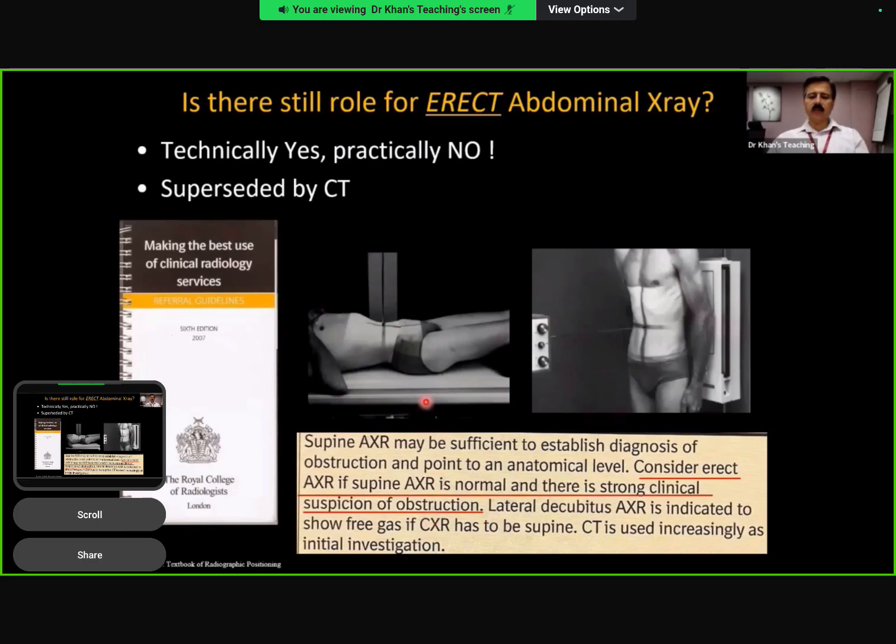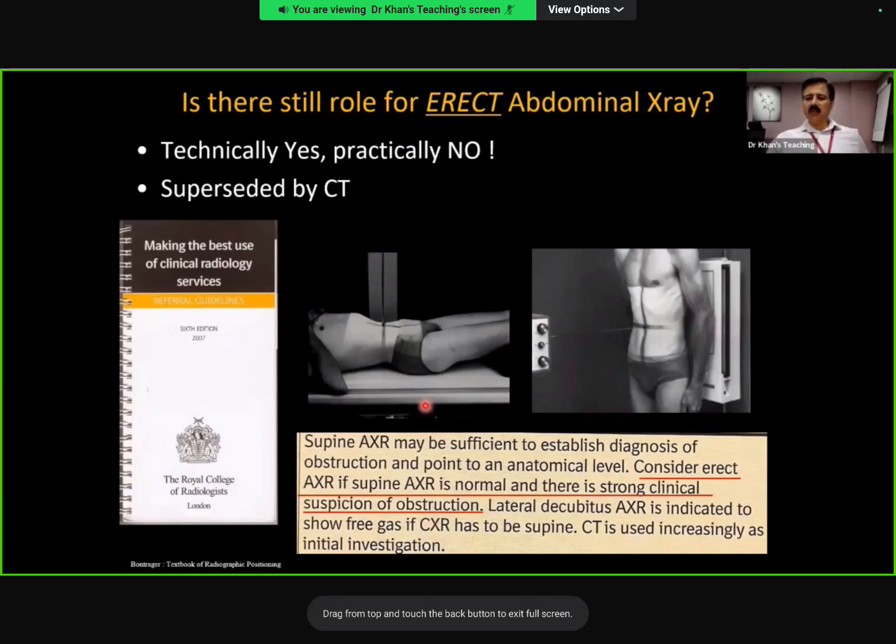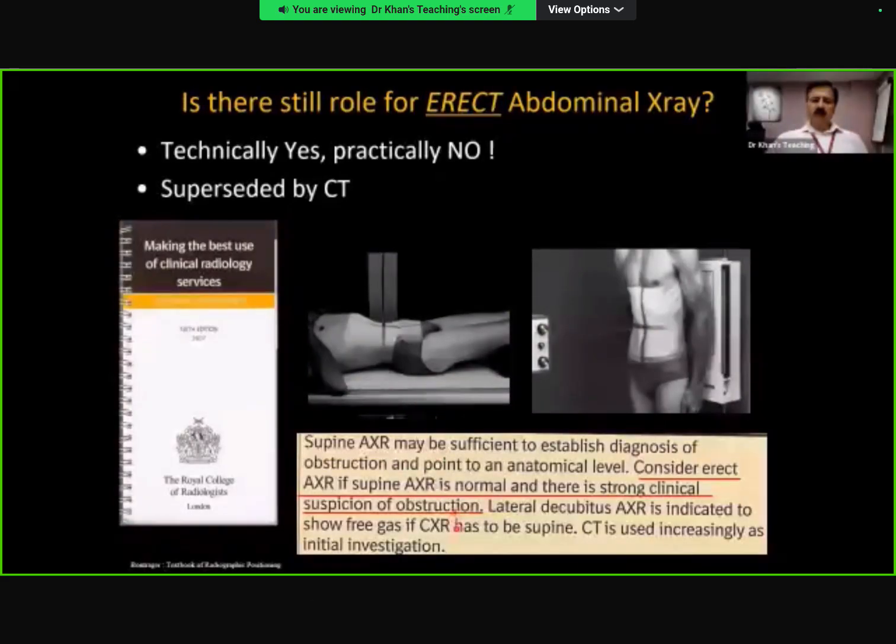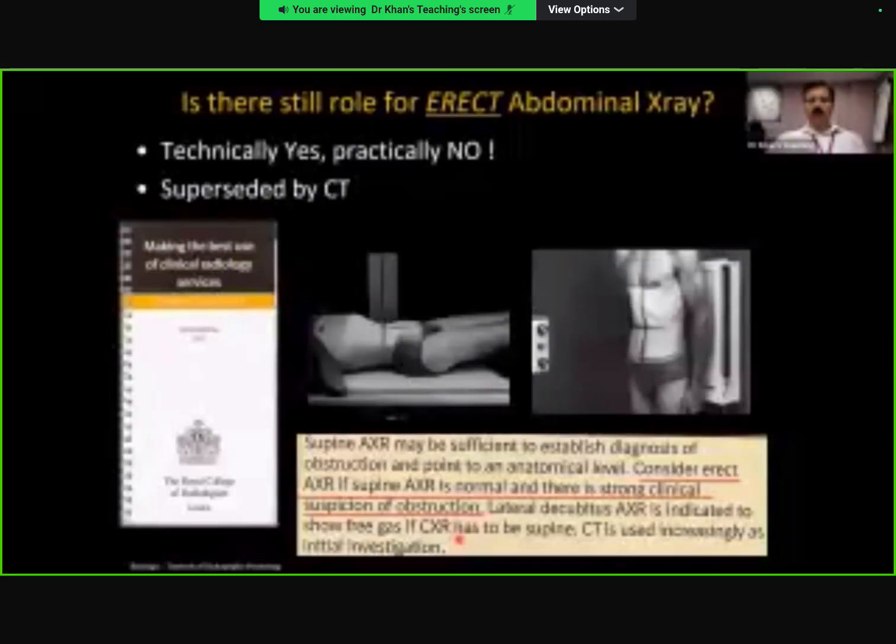Now, erect film, when we were learning radiology 30 years ago, there was so much literature on erect film, and volumes were written on erect film and how to diagnose intestinal obstruction, etc. That concept you should still know. In your real world, you will never use it, particularly in the UK, for example. But having said that, in the exam, you should know that concept.